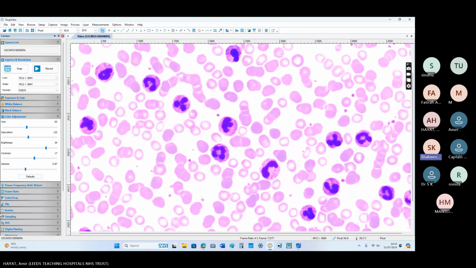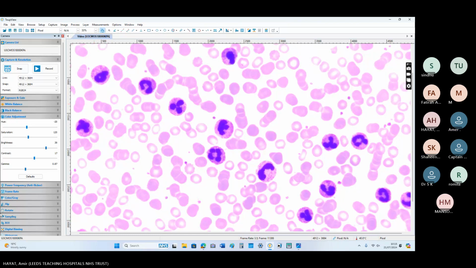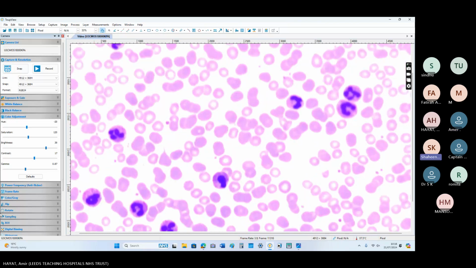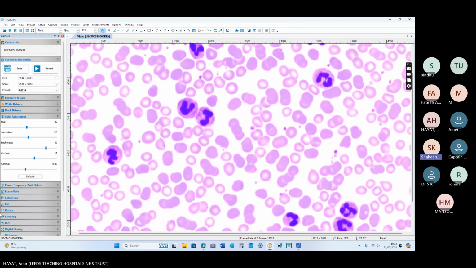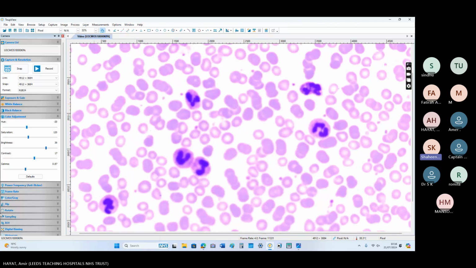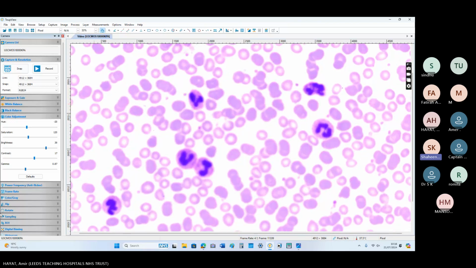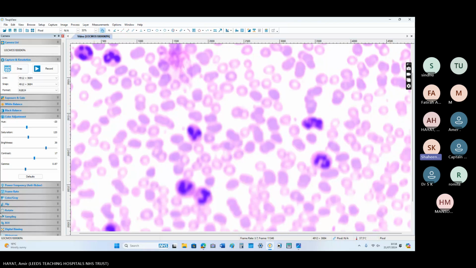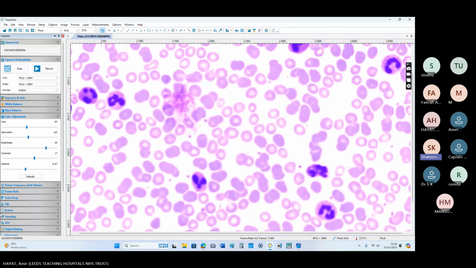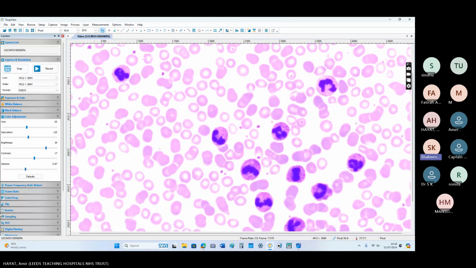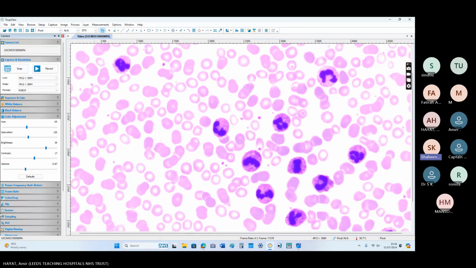Myelocyte peak is not observed, but the neutrophils show prominent eosinophilic granules, and the red cells are hypochromic on this smear, with anisocytosis. The platelets are slightly on the lower side, but I can appreciate the platelets; maybe it's within normal range.